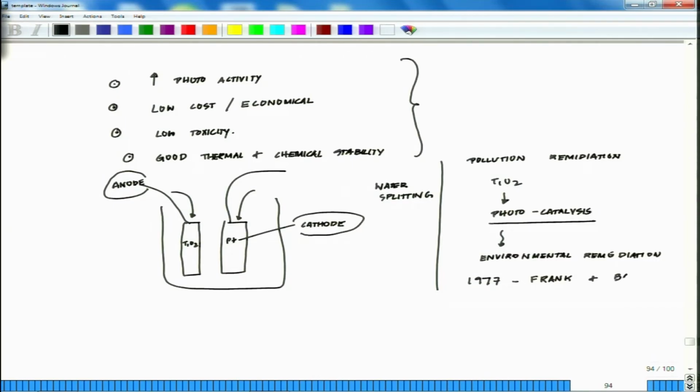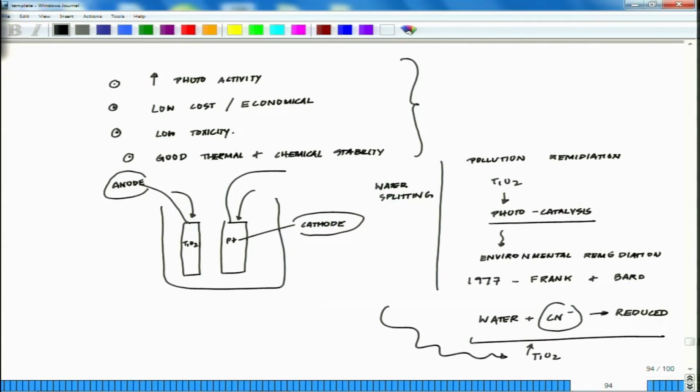So, water plus CN minus, this CN minus is getting reduced in the presence of TiO2, and TiO2 is getting activated by light. This led to a dramatic increase in research in this area because of the potential for water and air purification through utilization of free solar energy. So, your major source of solar energy is free.